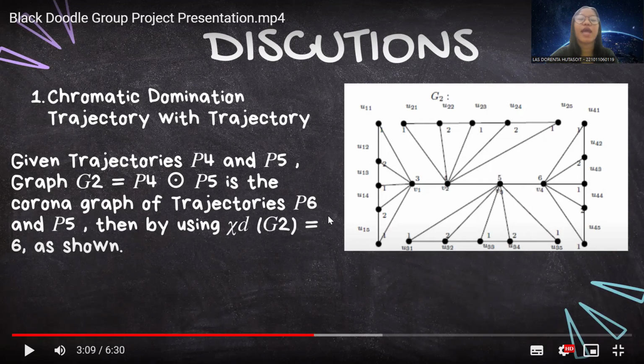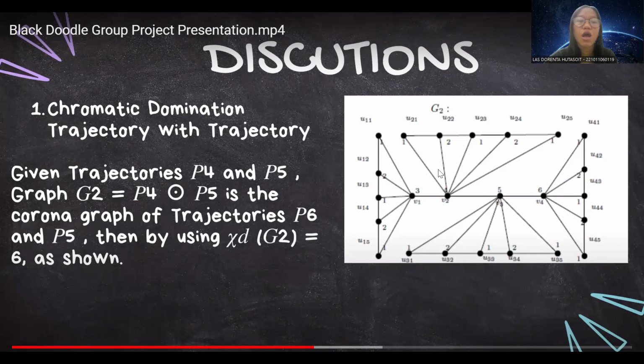Then by using χD, our χD(G2) equals 6 as shown. This is the figure, chromatic domination of path with path.